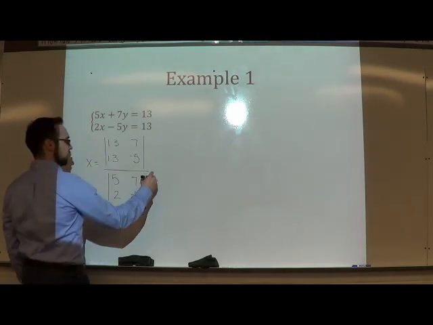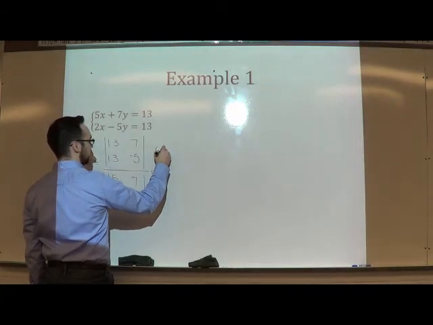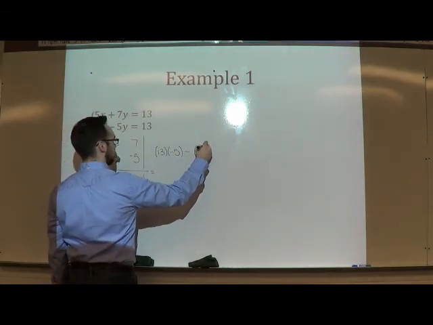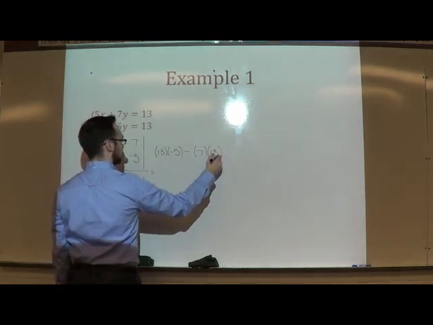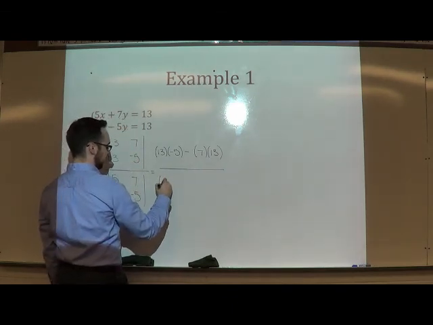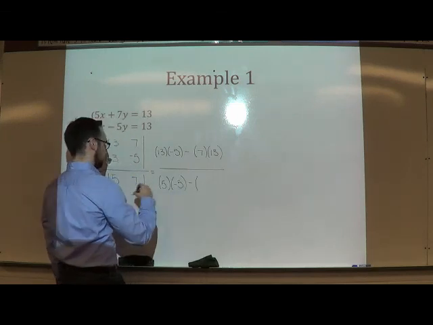So when we take the determinants of these, remember we cross multiply. So on the numerator up here we're going to have 13 times negative 5 minus 7 times 13. That's all over, cross multiply, we have 5 times negative 5 minus 7 times 2.